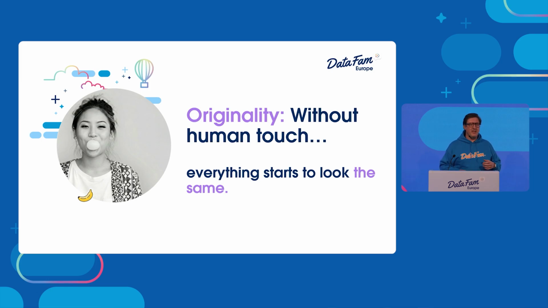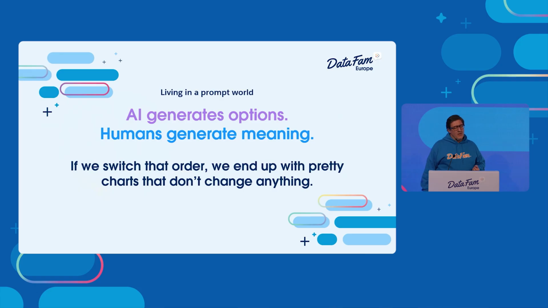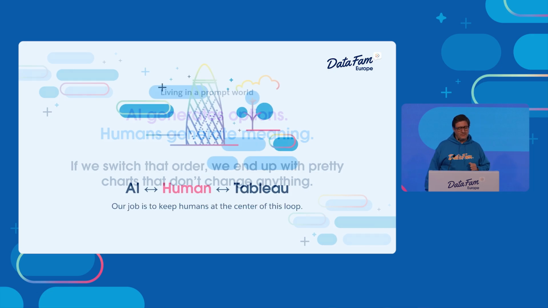I see some of you nodding, so you can realize sometimes when it's actually created by AI, because it doesn't have our own voice. So AI generates options, and we, as humans, generate the meaning. We generate the storytelling. We create what we want to tell.